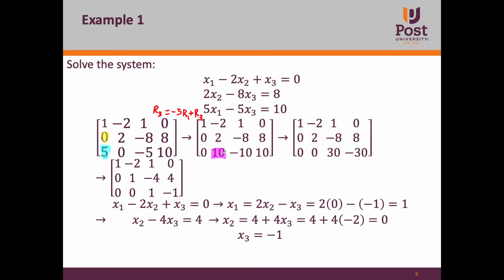And since this is a 10, if we multiply this 2 right here by a negative 5 specifically, and add it to 10, we get a 0. So for the third row, we are going to take negative 5 times the second row and add it to the third row.